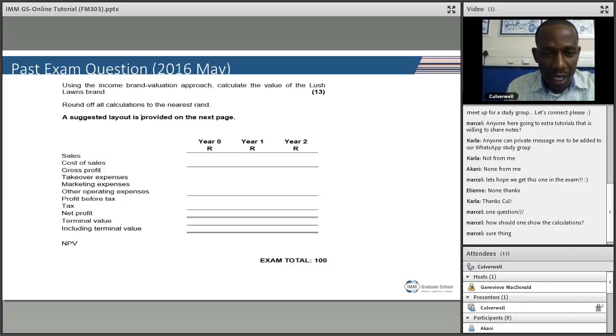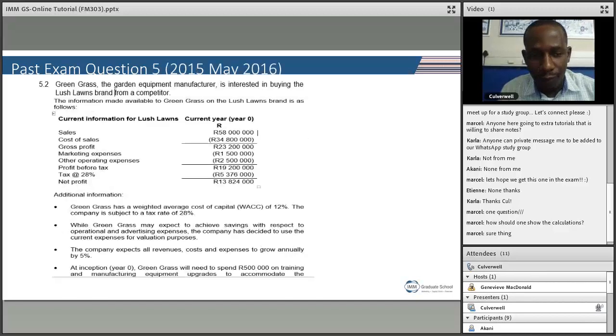So what I'll then do is bring my sales. Remember, we need to do this from year 0, then 1, 2. I'll bring my sales figure for year 0 exactly as given, 58 million. I'll bring the cost of sales for year 0 exactly as given, 34,800,000.